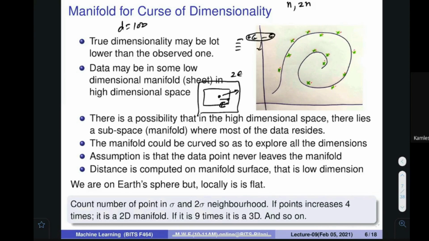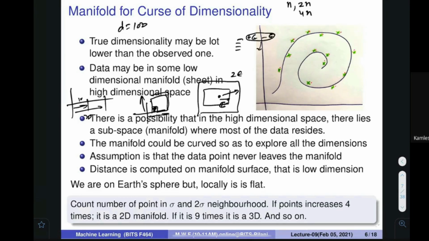That tells you whether my data is two-dimensional or single-dimensional, because when I double the range in one-dimensional space, if up to here there are 10 points, then up to here there would be 20 points. But if it is a 2D space and you increase this, then this would also increase. So earlier you were considering this space, now you are considering this space.